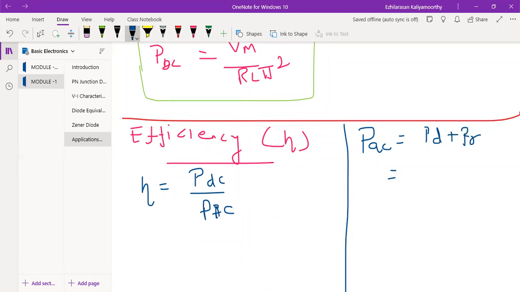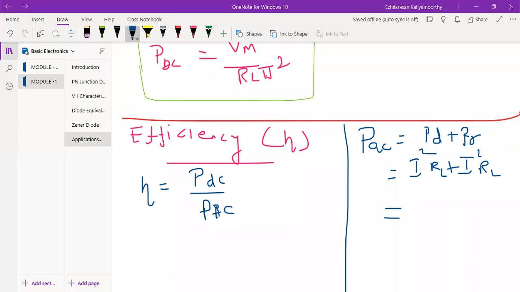So now I can say the PD is nothing but I square R, plus PR is nothing but I square R. But here you may think R for both is very simple, it is nothing but RL.